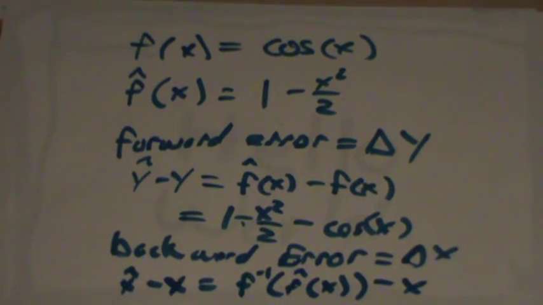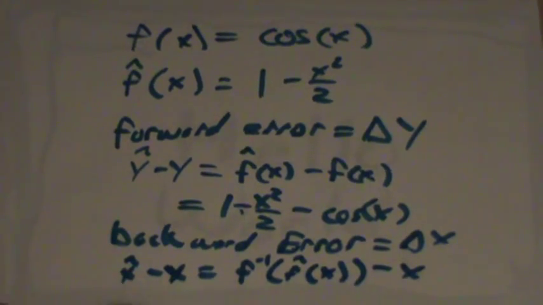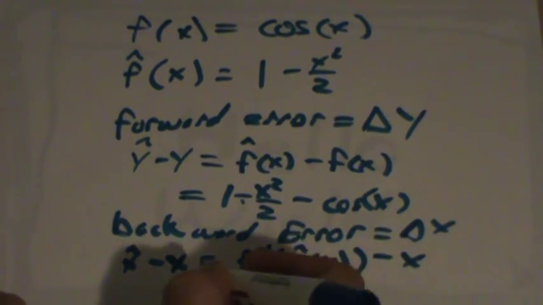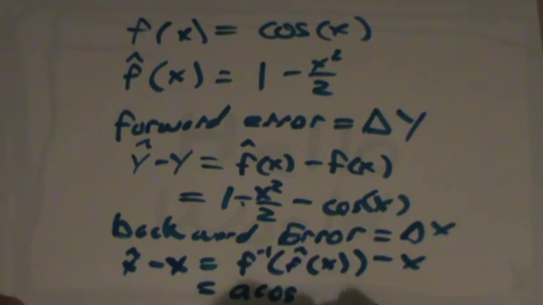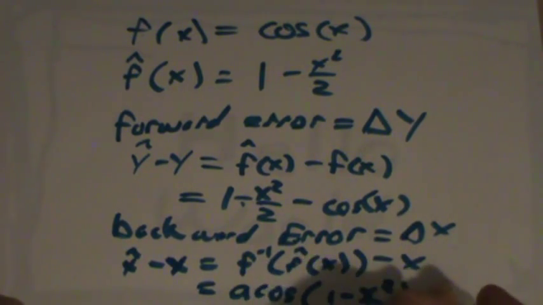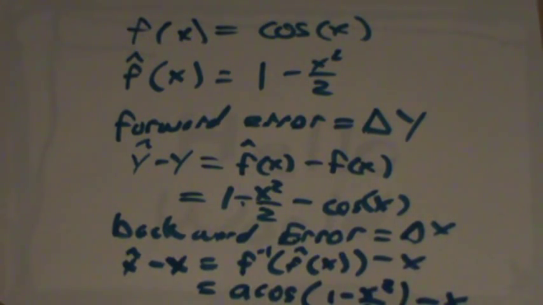In our case, f inverse is arc cosine. I'm running a little bit out of room, so I'm going to go down here. Arc cosine of 1 minus x squared over 2, minus x. So that gives me my expression for the forward and backward error.